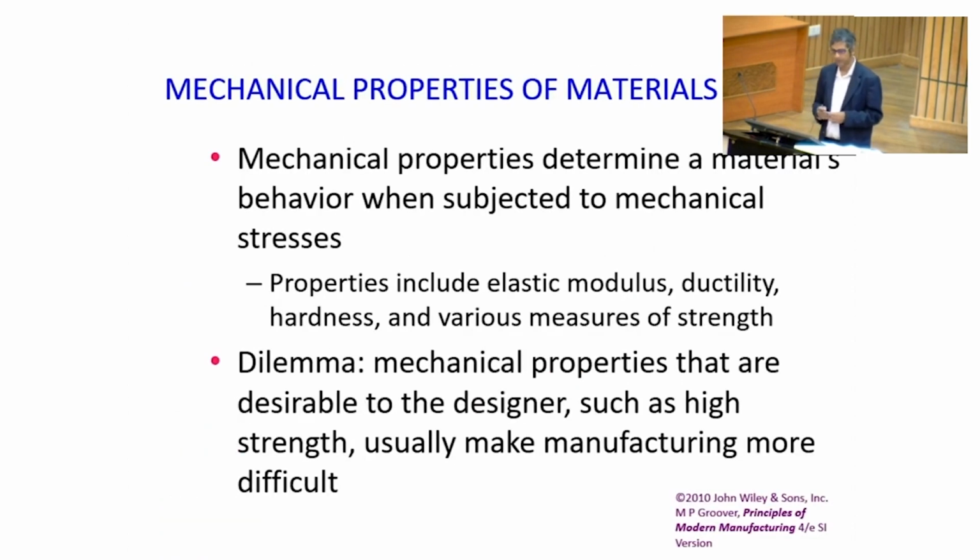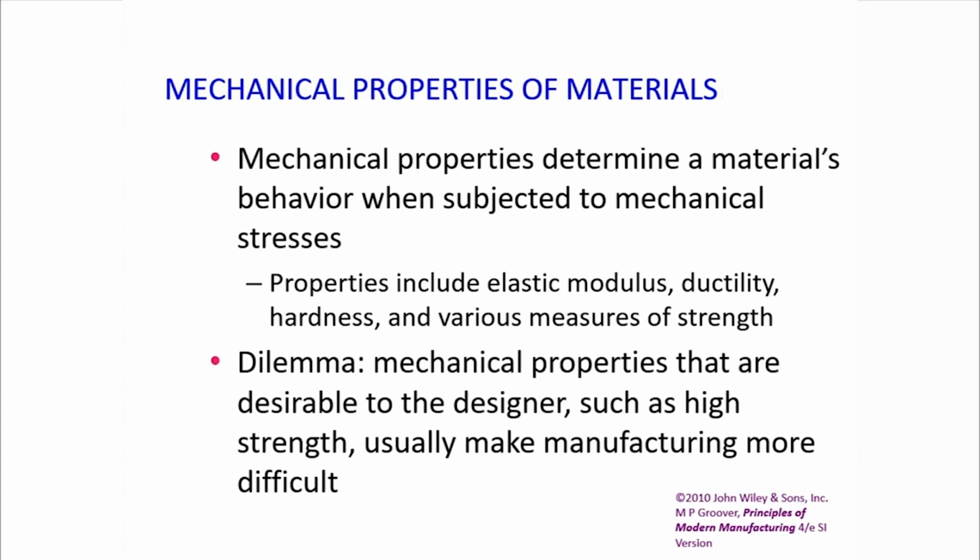Well, mechanical properties means the material's behavior when it is subjected to some kind of mechanical stress. Okay. We always say mechanical stress because there can be other types of stresses also, like thermal stresses. So properties like elastic modulus, ductility, hardness, and the various types of strengths are important for the mechanical properties.